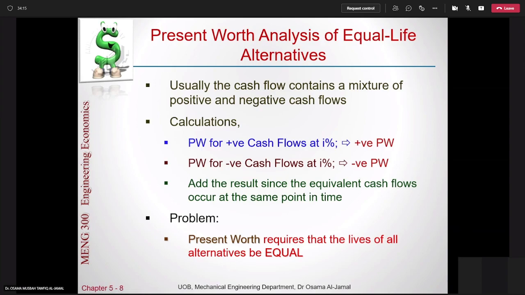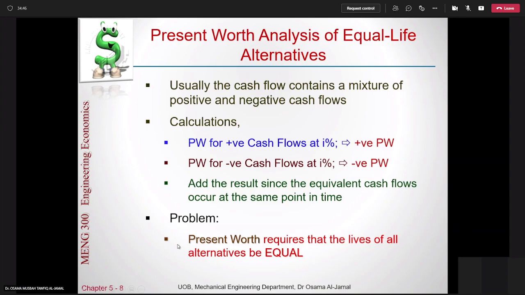If it is negative, we are going to put it as negative. Add the results since the equivalent cash flows occur at the same point in time. Now both of them are at time 0. We are going to do exactly the same if you want to find the future worth: find everything to future for positive and to future for negative, then add them together, sum them.